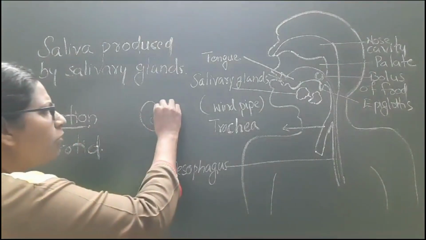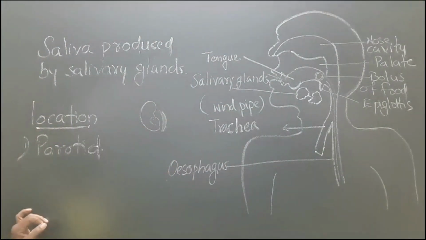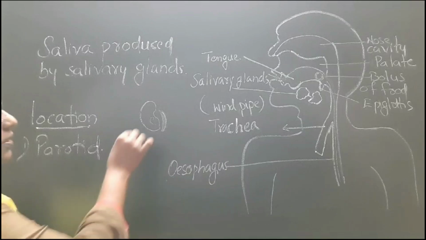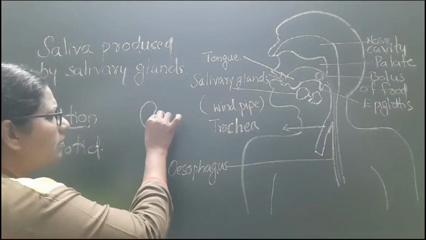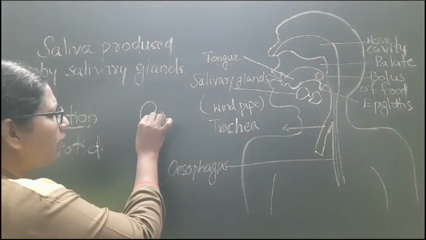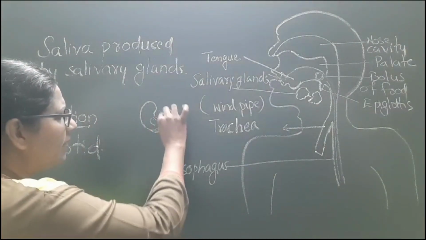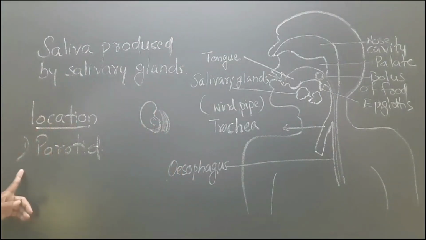So in front of the ear we have these salivary glands. I am just showing you where the location is. This is how my ear looks. So in front of the ear, here are the salivary glands. That is parotid.